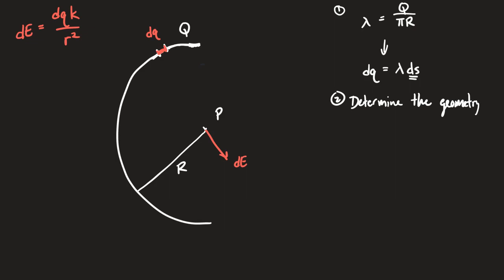I'll have to add up all of the pieces of the electric field, but this is just one piece from this piece of charge. I want to remind you that when we talk about determining geometry, what we're really doing is trying to show how a point of this object would behave just like a point charge. There are going to be lots of points on this object, but really we're just adding together all of the different point charges that exist on this object. I'm breaking it up into lots of little point charges.